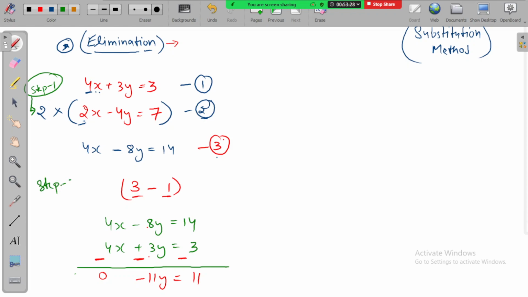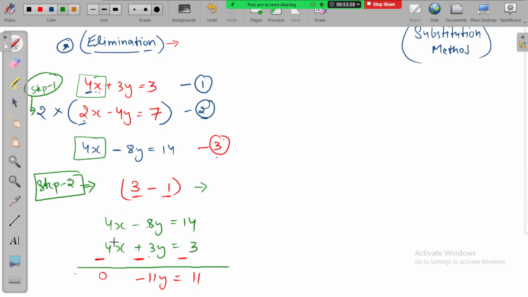Then step number 2: you have to decide whether you will add them or subtract them. How will you decide? You have to check their sign. 4x is a positive 4x, and this 4x is also positive. If both are the same, positive and positive, then you have to make one of them negative. How can you make one of them negative?